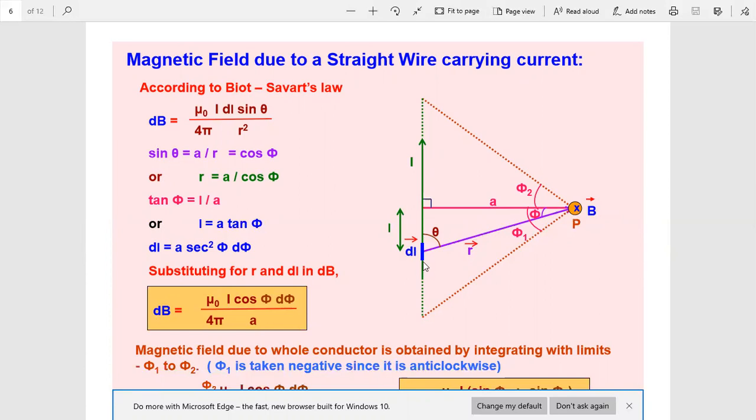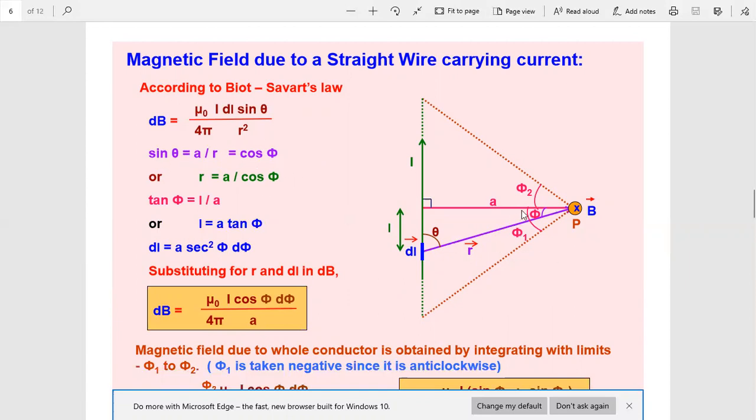Then we will integrate the magnetic field obtained due to the elementary part in order to obtain the magnetic field due to the entire length of the conductor. So first, using Biot-Savart law, the magnetic field due to the elementary part of the conductor is mu naught I dl sine theta upon 4 pi r square. It is well known to you.